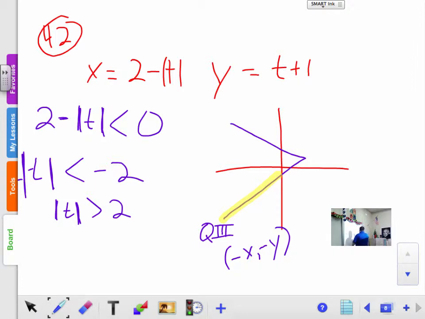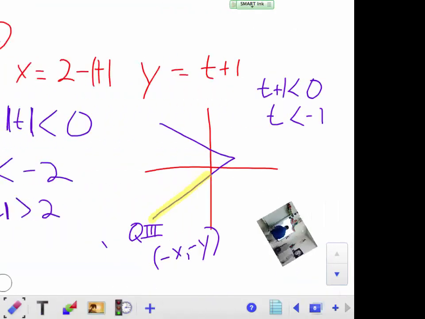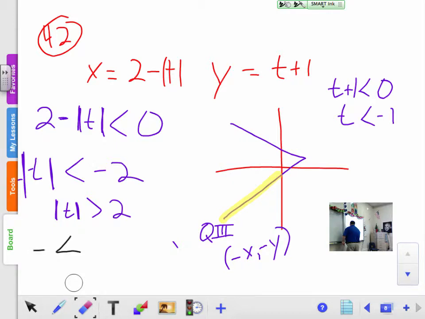This one, y also has to be negative, so t plus 1 has to be less than 0, or t has to be less than -1. Normally the way that you would write this would be -2 less than t less than 2 like that, right?